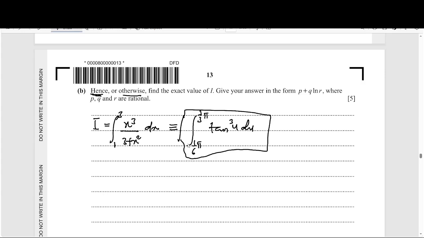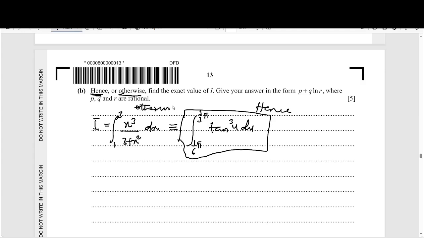And if you think that is too hard for you, and you think this part is easier since it involves only algebraic expressions or functions, then you go with otherwise. So hence means that we continue from here, and otherwise means you take this one.